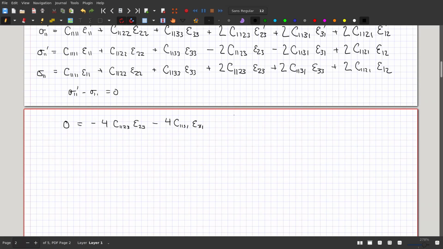All right. So that's what you get on the right-hand side when you subtract those two equations from one another. And so this equation should read 0 equals 0, right?